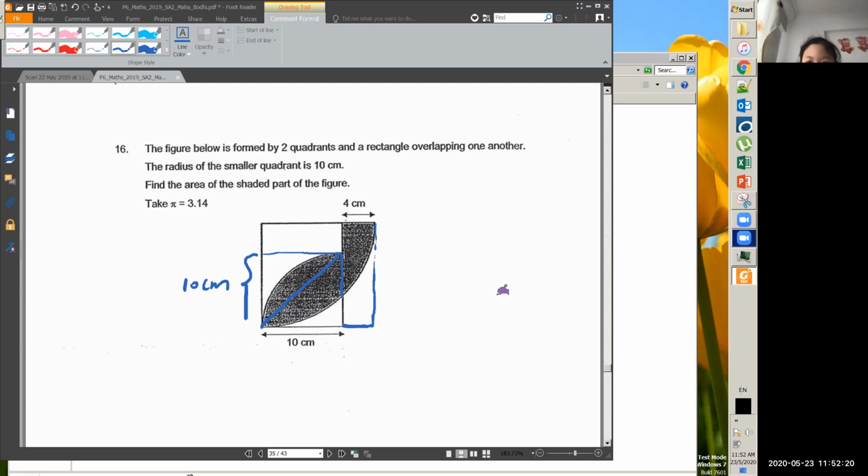Okay. So now, in order to find the shaded region, what you need to do is, if you can find out this one, and then you can find out this one.